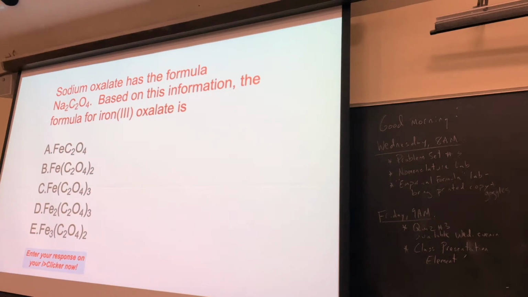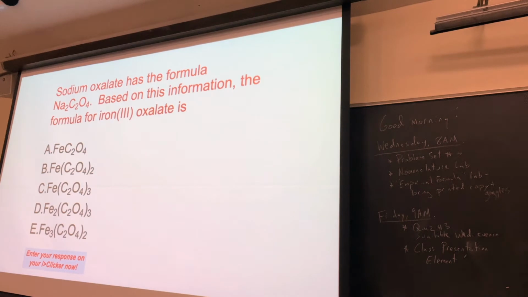So 3 times 2 gives you a common denominator of 6. 6 divided by 3, you would need 2 irons. 6 divided by 2, you would need 3 oxalates. So the formula is Fe2(C2O4)3. Now, I hate using crossover because it doesn't work all the time, but it is a powerful tool, especially if you get stuck.